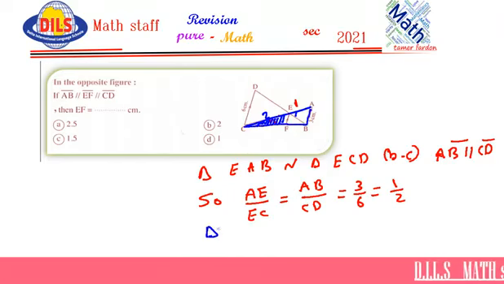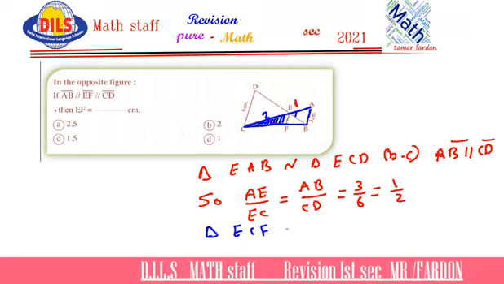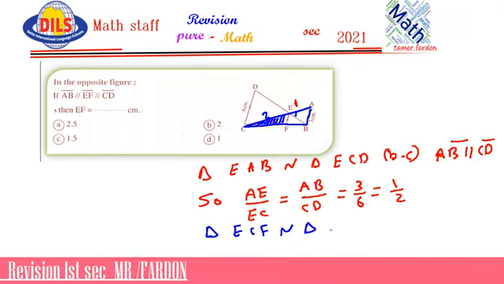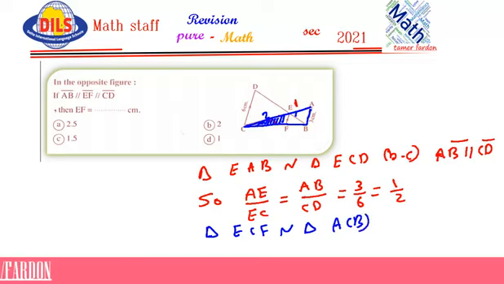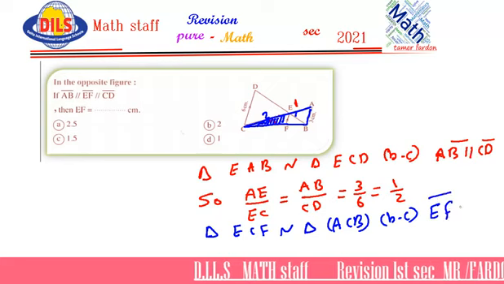Triangle ECF is similar to triangle ACB, also because EF is parallel to AB.